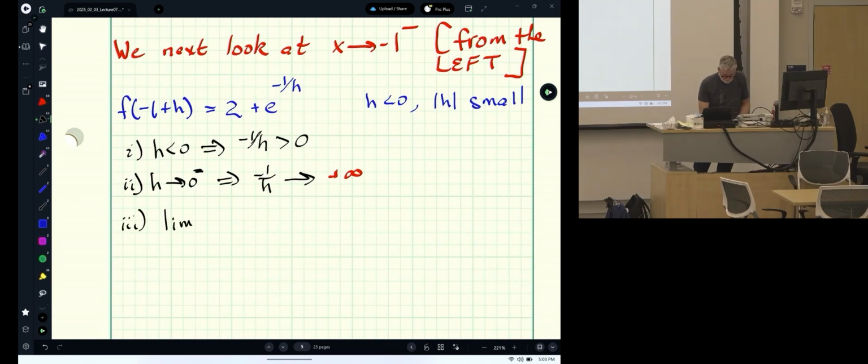So now the limit as h goes to 0 minus of 2 plus e to the -1 over h is equal to what then?